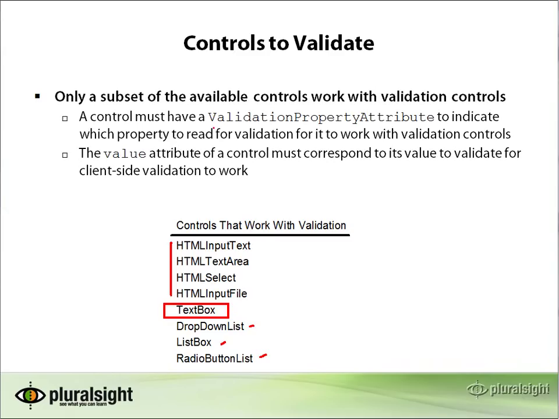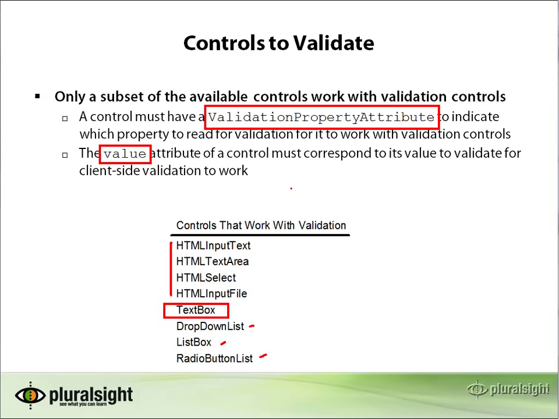Now, one of the things that must be true for these controls to work with validation controls is that they must have a server-side validation property attribute to tell it which property should be inspected for validation. And then the client-side value attribute must also correspond to the value that should be validated.